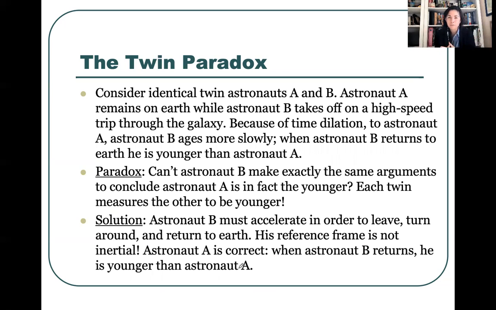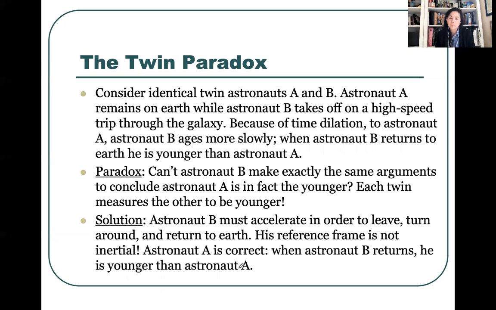Beyond the fact that we would be moving through the galaxy at high speeds, this is where you have to remember the postulates. Everything makes sense if you remember that we have to look at frames of reference that are inertial, which means they are not accelerating.